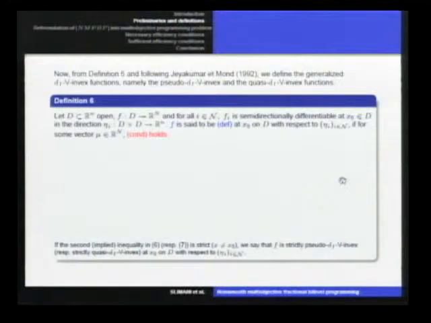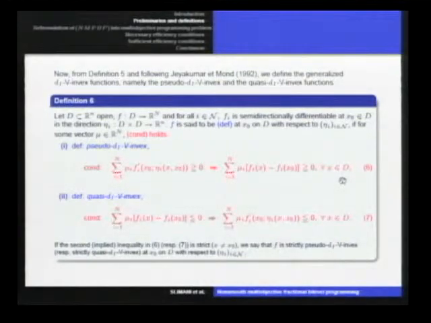From this definition, in this paper we have defined generalized div-invex functions. If you have a vector function where every component is semi-directionally differentiable in its own direction, we say that the function f is pseudo div-invex at x0 with respect to eta I if relation 6 is satisfied, and we say that f is quasi div-invex at x0 with respect to eta I if relation 7 is satisfied.